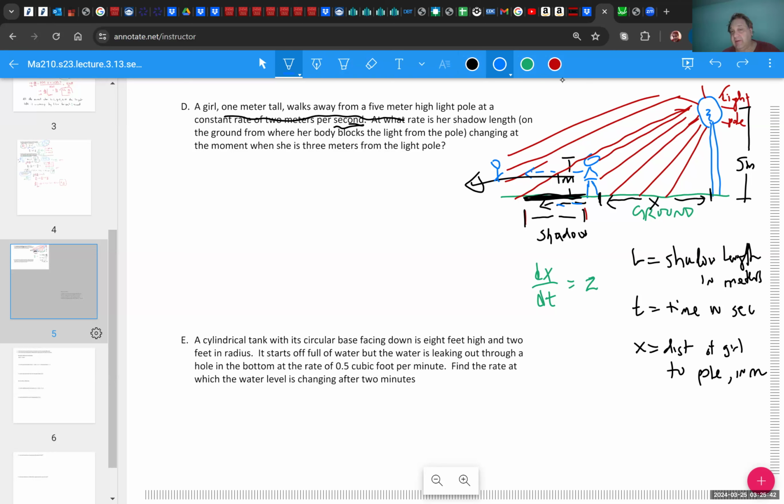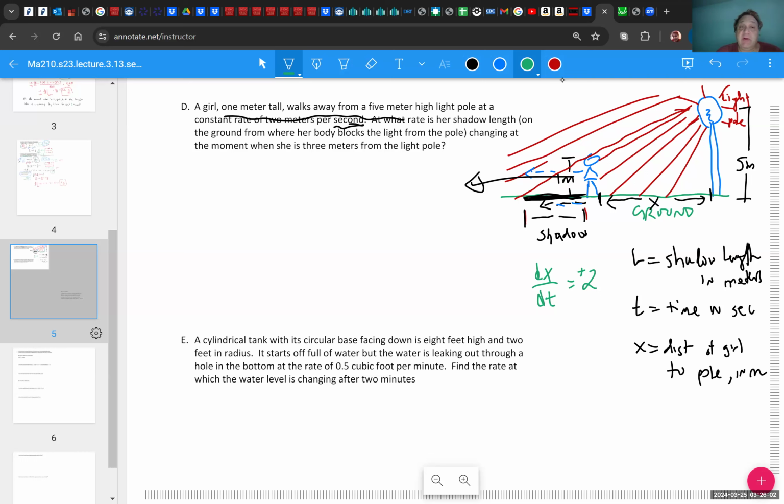So we know that dx/dt is positive 2. It could have been negative 2, and we might have gotten the wrong answer. In this case, it is a positive 2. I'm just going to emphasize plus 2 here, just to remind myself I already checked it. That is something that you may be tricked by in terms of the homework. Double check to see whether the rate is positive or negative.